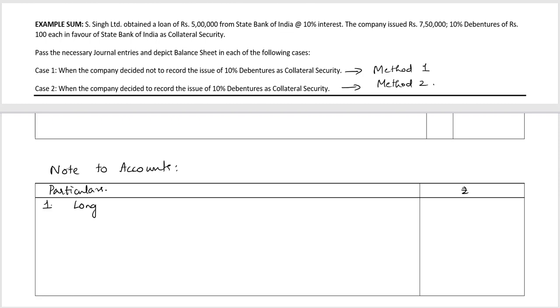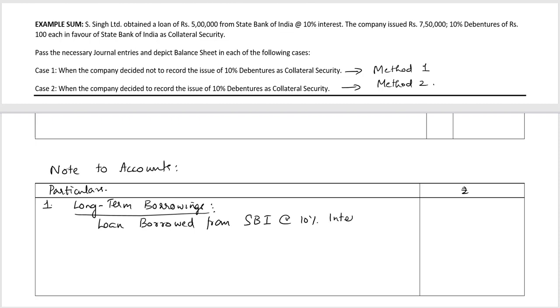Against the first note, long-term borrowings, loan borrowed from SBI at 10% interest. The amount of loan borrowed is 5 lakh rupees.